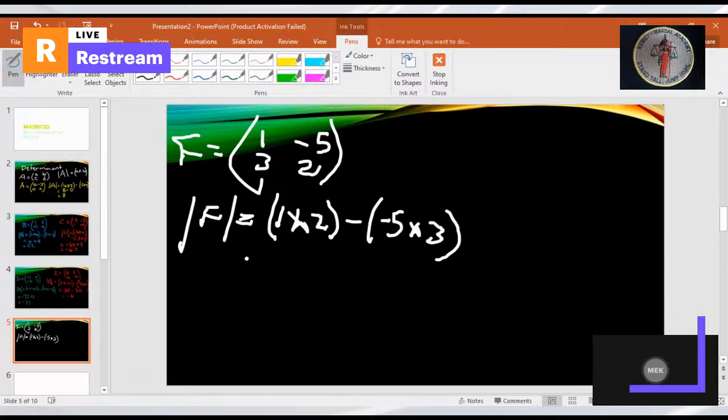The 5 times 3 is 15 times this negative here, that's positive 15. So that's 17.